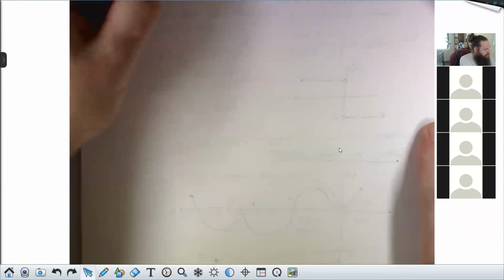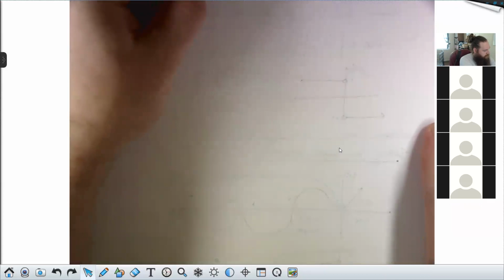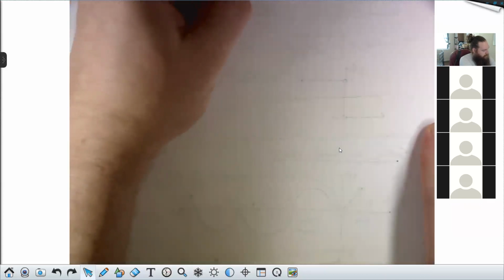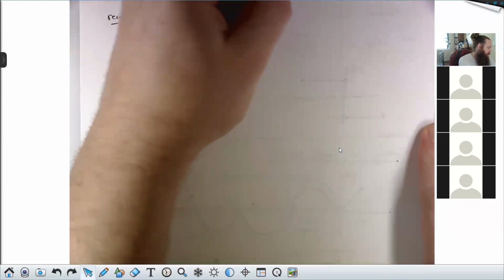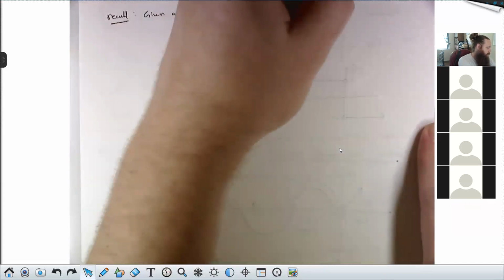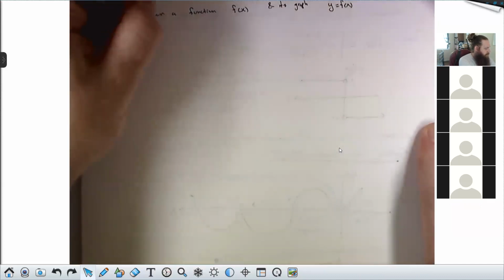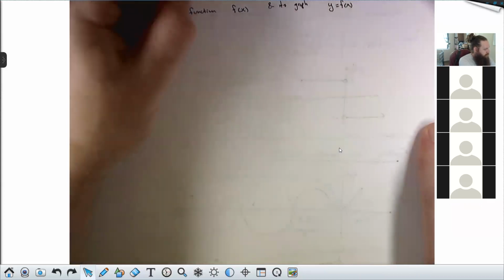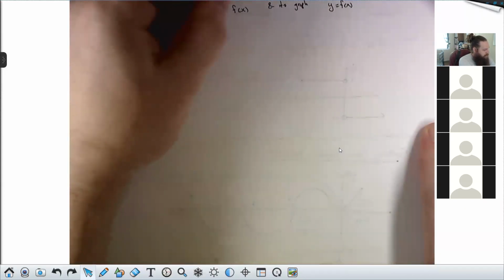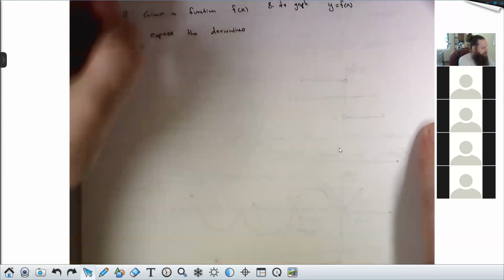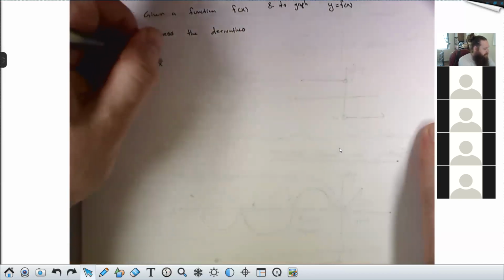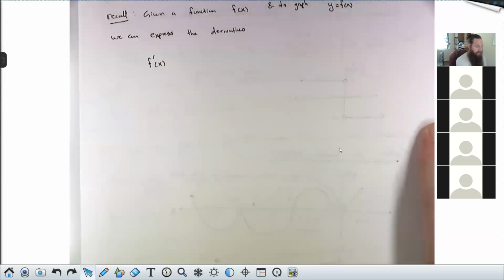We talked a little bit about the Leibniz notation for derivatives. Let me just recall. Given a function f of x and its graph, y equals f of x, we can express the derivatives. f prime of x, that's the first derivative of f.